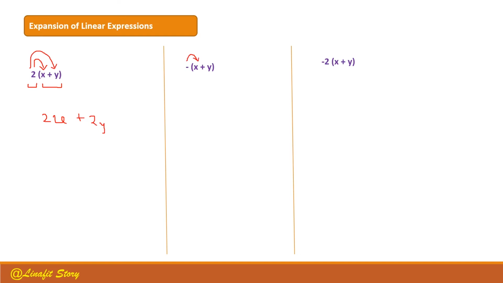So negative times x is negative x. Negative times positive y is negative y. What does negative 2 open bracket x plus y close bracket mean? Negative 2 times positive x is negative 2x. Negative 2 times positive y is negative 2y.